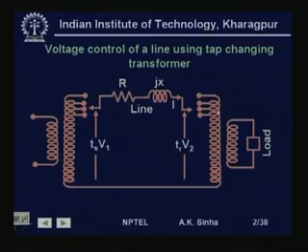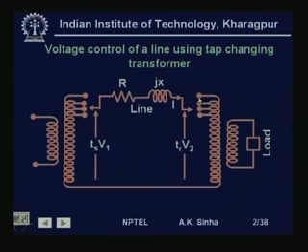Similar thing we have on the low voltage side. Here also we can place the taps at the nominal position, then we will get the nominal voltage ratios. If we place the tap above or below, then we will get different voltages.